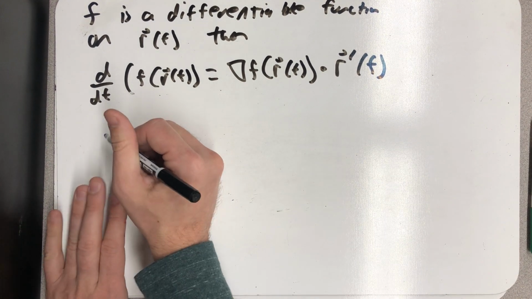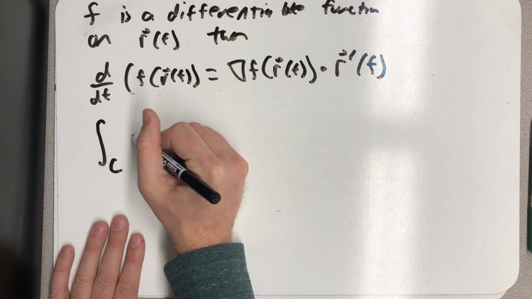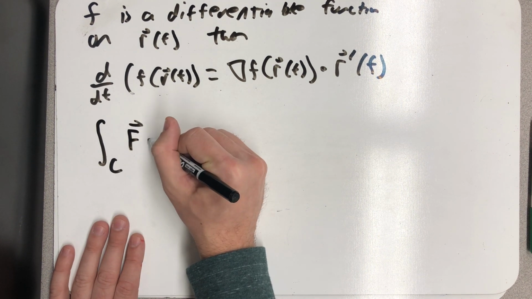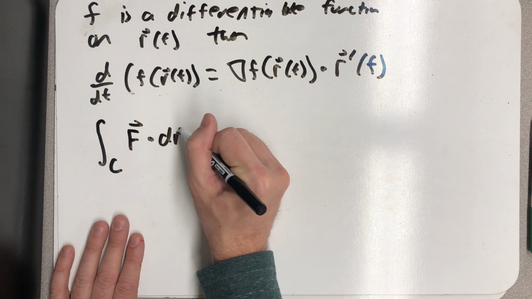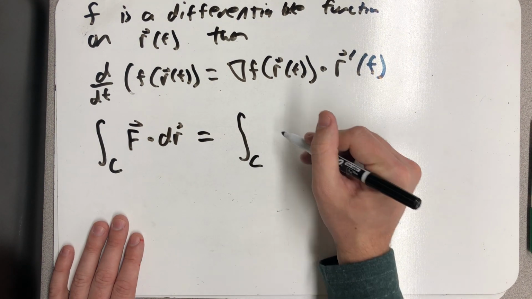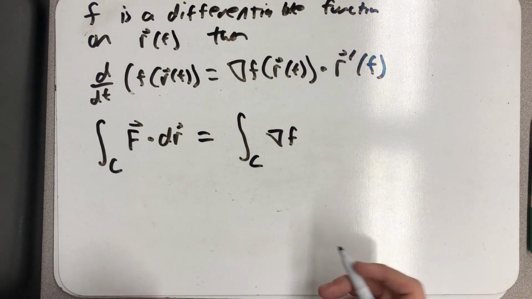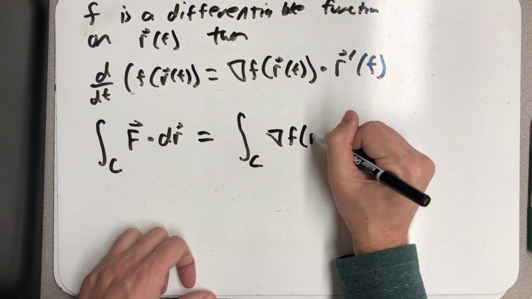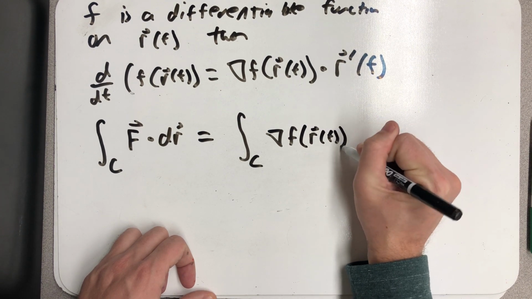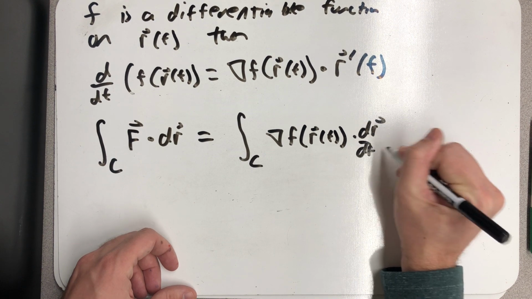So what we have is a path integral of F dot dr, but F is actually del f for some potential function. And I'm going to go on and write it down as the integral of big F of r of t dot dr dt, dt.